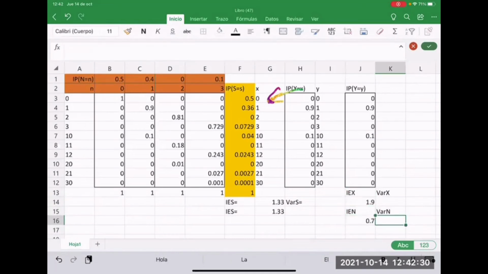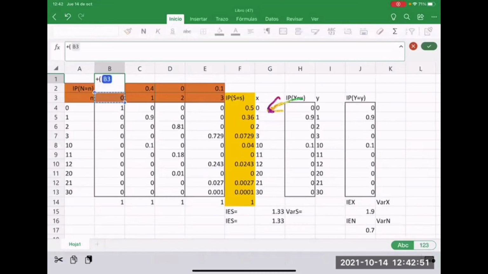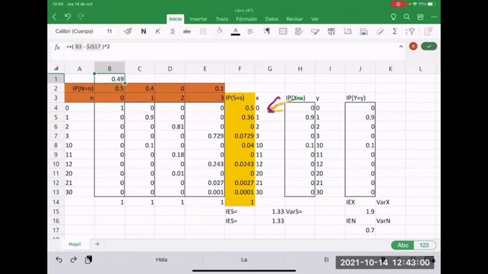Okay, and now we need to take the variance. In order to do that, what we need to do is just to take this minus the expectation of N, fixed, raised to the power of 2. And that's it. These here represent the value of the random variable minus its expectation raised to the power of 2.